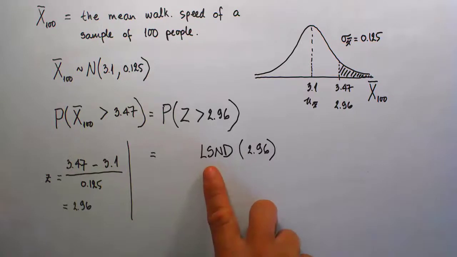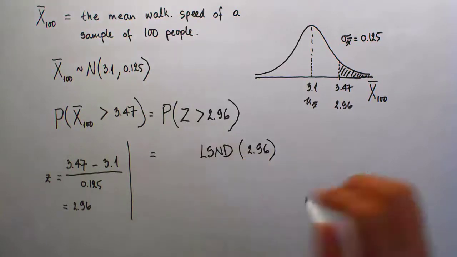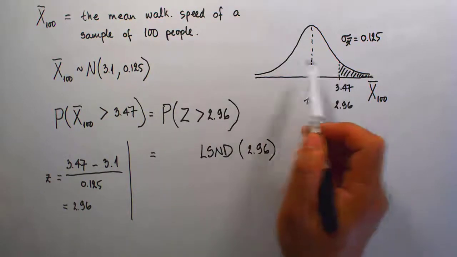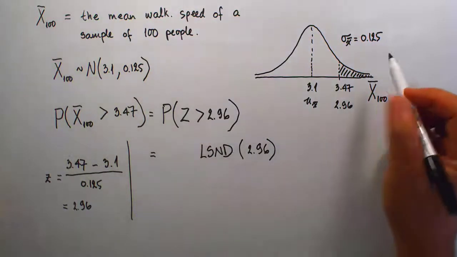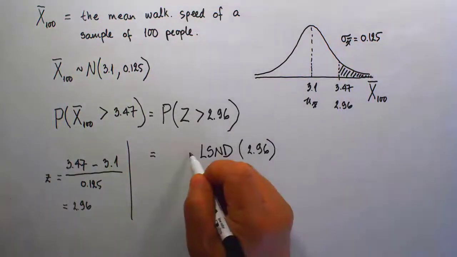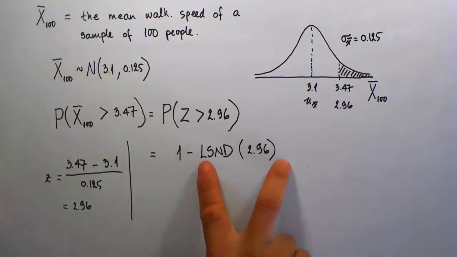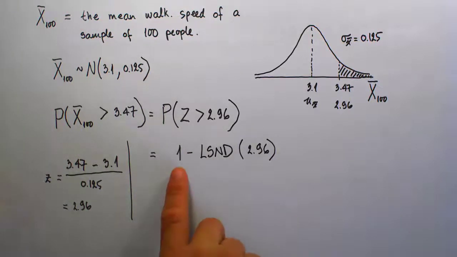After we found the area to the left of 2.96, which is equivalent to the area to the left here, our answer as an area is shaded to the right-hand side. So to find the actual final answer, we're going to need to subtract our answer from the LSND program from 1.